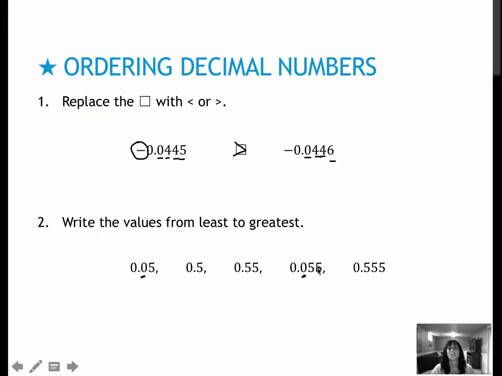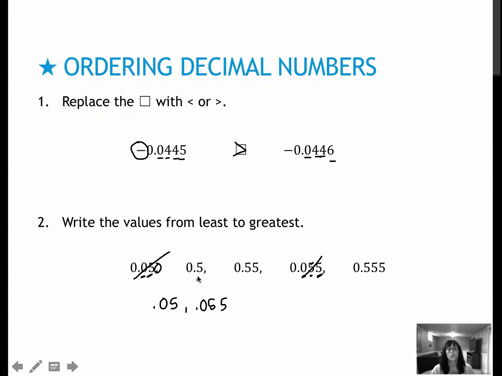Let's see which one is the smallest between the two. This has a 5 in the hundredths place, so does this. This has a 5 in the thousandths place. This doesn't have anything, which means it's a 0, which means this number is smaller. So 0.05 and then 0.055 because this number is actually 5 thousandths larger than this number.